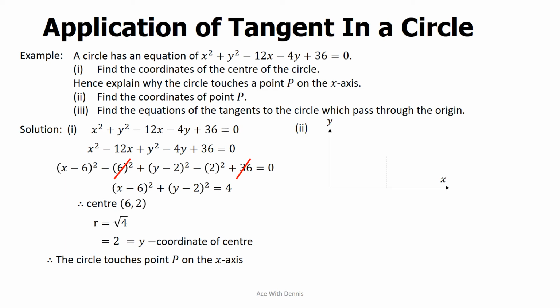So for solution number 2, we can draw the picture to illustrate the condition. So this is the center. This is a circle with the center C, coordinates as (6, 2). This is point P, right? And we know that the coordinates of P will be (6, 0).